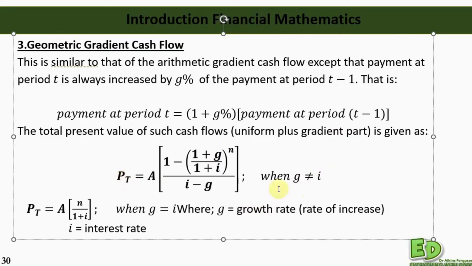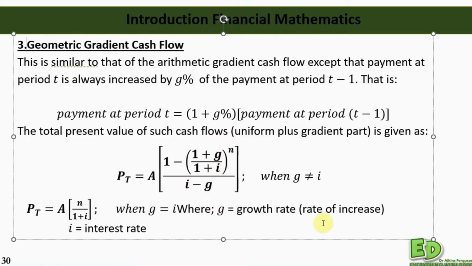Again, if the growth rate, or the percentage at which the amount is growing, is not equal to the interest rate, then the present value total is the annuity, or the equal amount, times the bracket: 1 minus, open bracket, 1 plus G over 1 plus I, raised to the power n, all over I minus G, where G is the growth rate, or the rate at which the amount is increasing, and I is the interest rate.